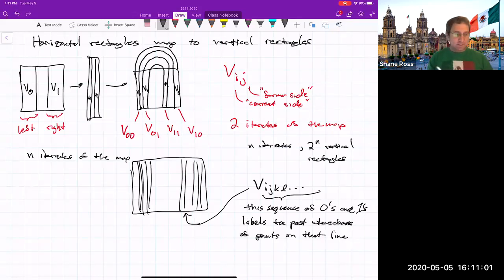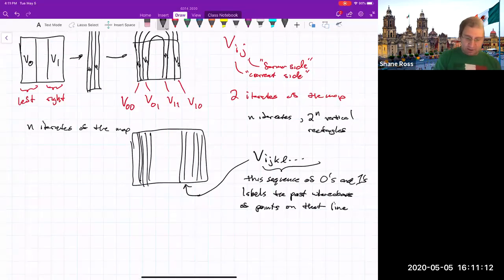After a while, you've got these things that could all be given some address of zeros and ones, and maybe different sequences could be arbitrarily close to each other. If we take n goes to infinity, then this is the collection. We'll have a collection of an infinite number of lines.